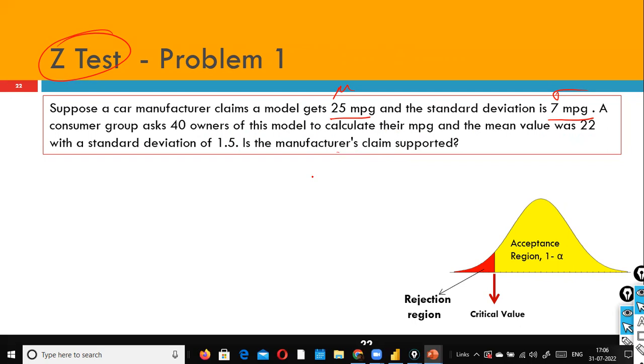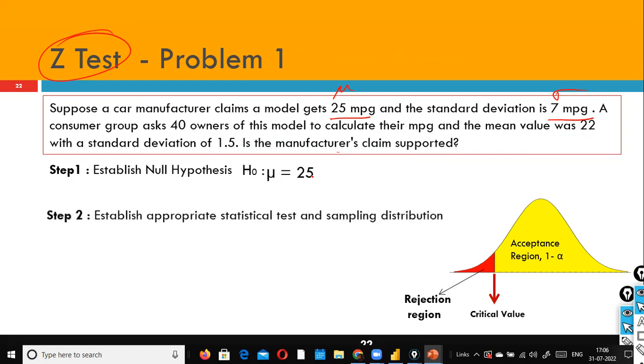First of all, what is the null hypothesis here? Mu is equal to 25. The manufacturer says this specific car model of their brand gives 25 miles per gallon. What is the alternative hypothesis? As a customer, we suspect that it cannot be 25, it should be less than 25.